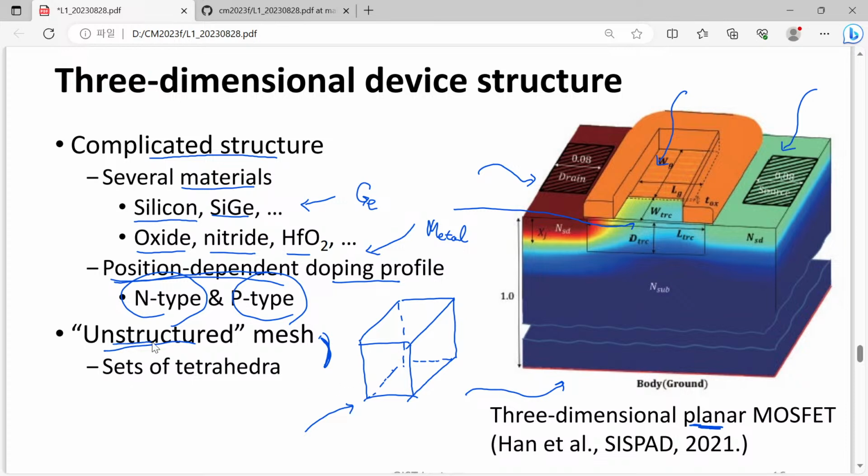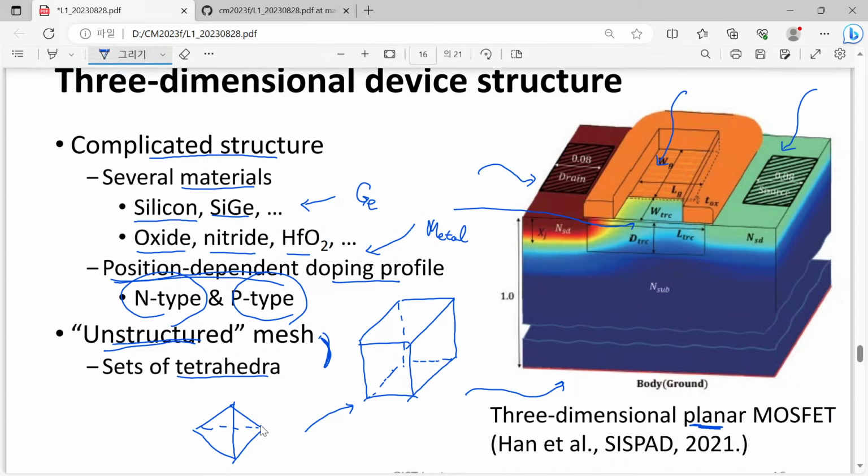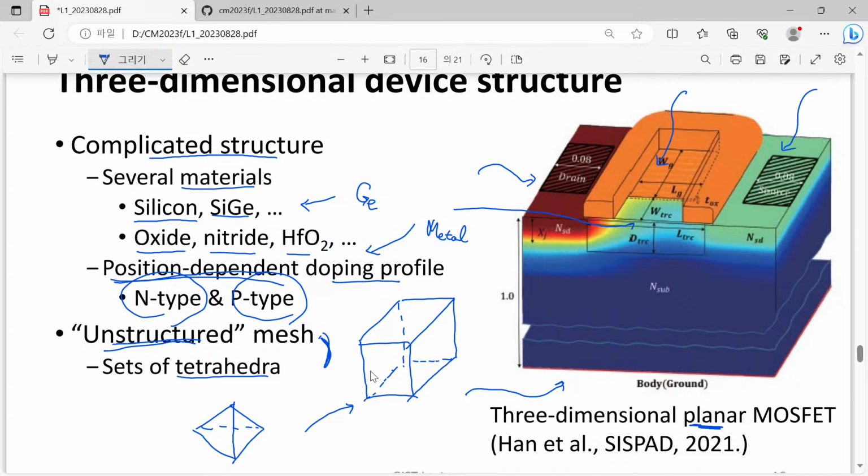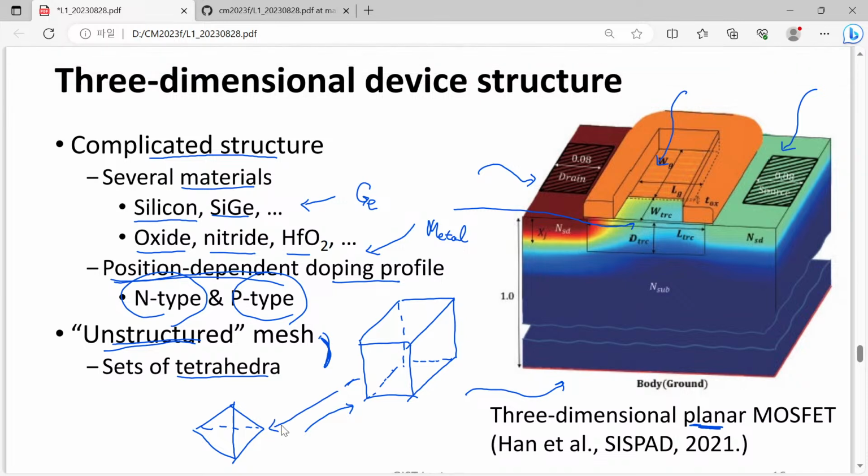However, unstructured mesh means that we are now using tetrahedra as a basic building block of our mesh description. So this cuboid is divided into several tetrahedra, so we can express many different shapes using those tetrahedra.